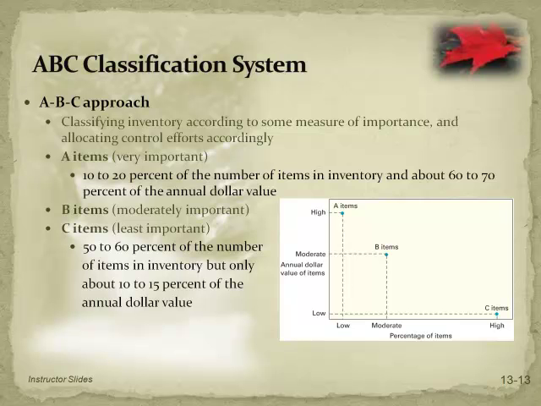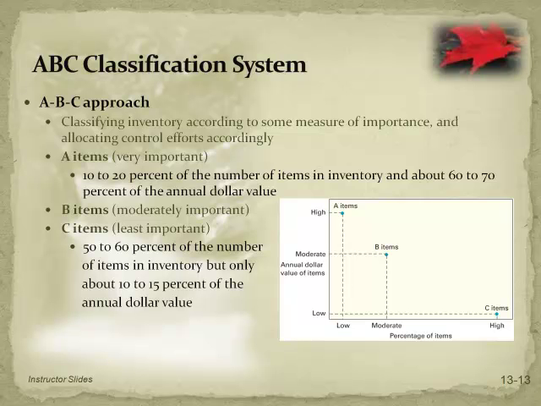We know that Pareto was an Italian economist who studied the distribution of wealth in Italy, and after his studies were completed, he concluded that a very small percentage of the population had a very significant amount of the wealth in the country. And there was a very, very large percent of the population that had very little wealth.